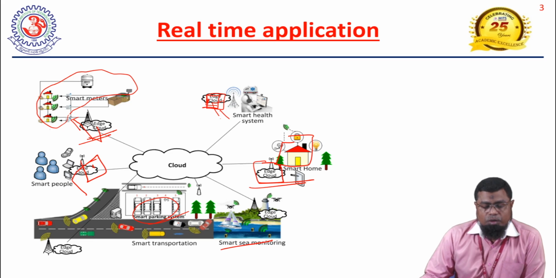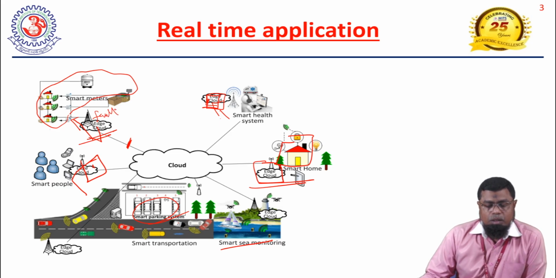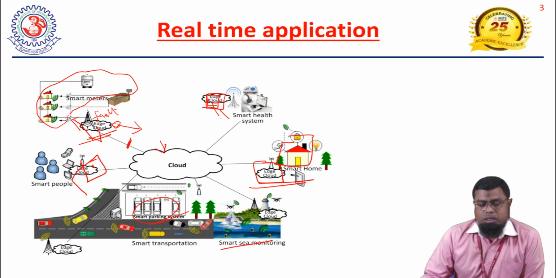And even if they are disconnected from the cloud, they have fault tolerance. They will be connected to the edge server and will work smoothly without any problem. Very little data is pushed to the cloud, so we are reducing the overhead of the cloud storage. All these things are advantages for real-time applications. I hope now we have understood how edge servers or edge computing play a vital role.